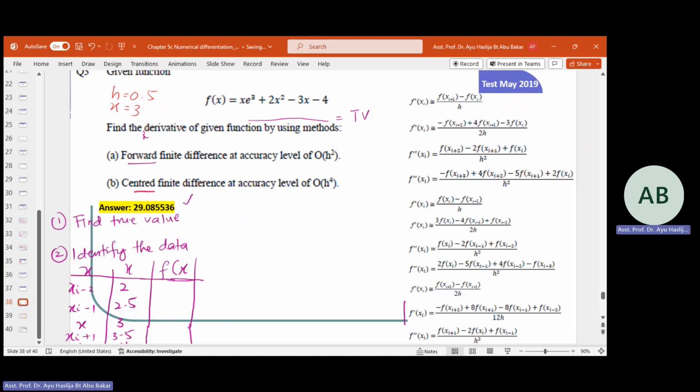This one doesn't mention first or second, so if it doesn't mention, assume first derivative. Okay, find first derivative, meaning f prime. First derivative, f prime. h is given as 0.5, x equals 3.